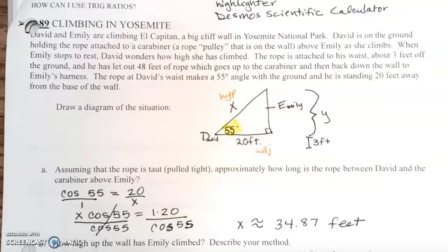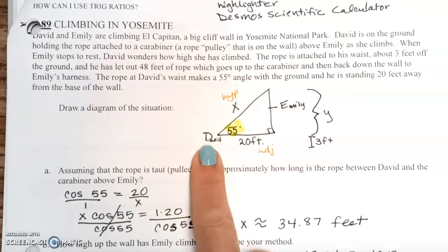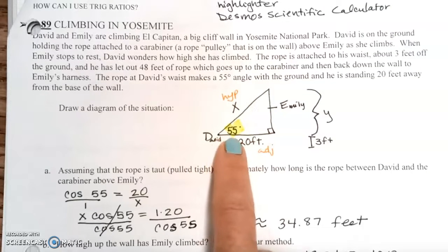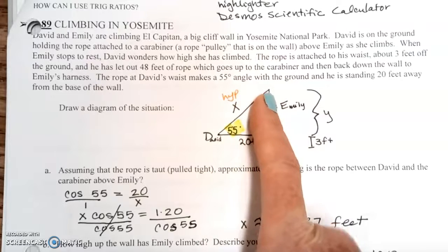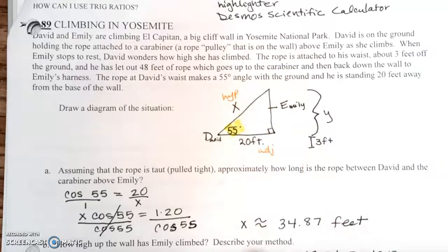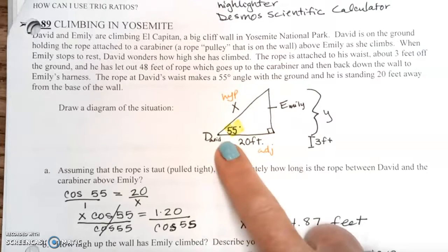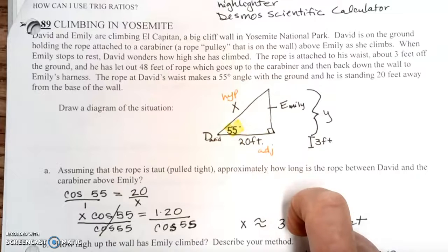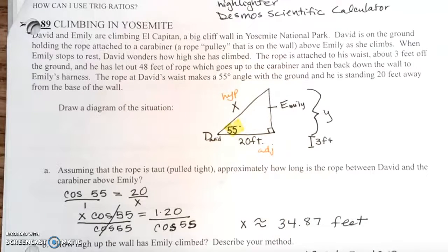So we're going to draw a diagram of the situation. Okay? We can call this point D over here for David. He's standing over here, and he's 55 degrees looking up to the carabiner. And he's 20 feet from the base of the wall that Emily's climbing. But the rope is at his waist, right?